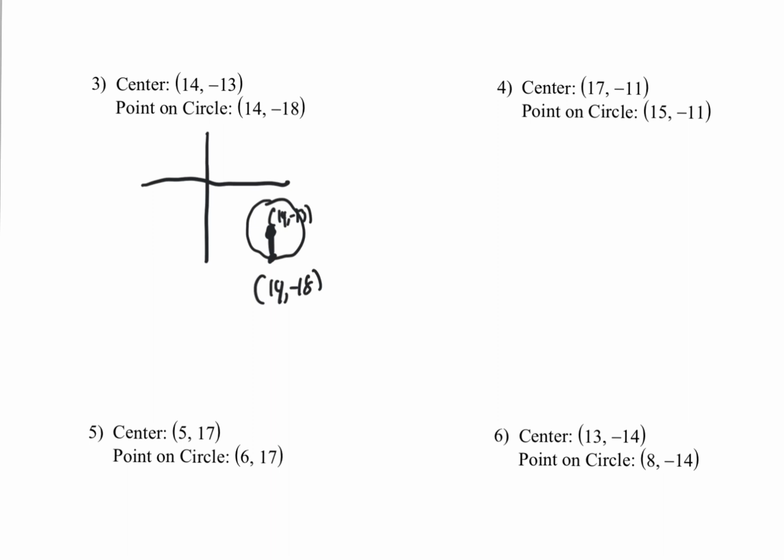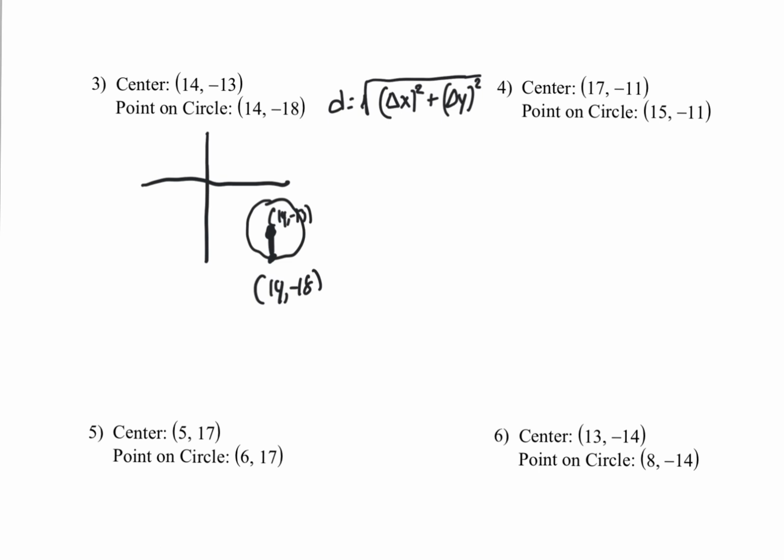We talked about the distance formula the other day. The way I like to describe it, it's your change in your x's squared plus your changes in your y squared. And that's going to give us our radius.